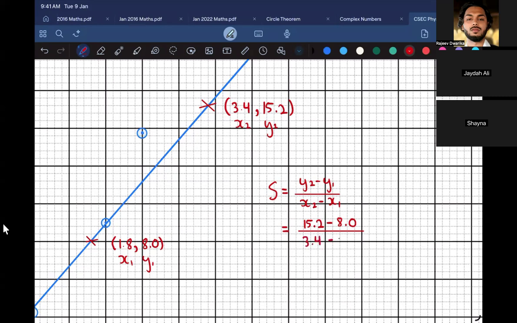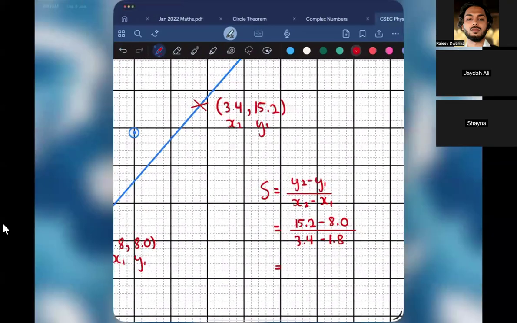What is x1? 1.8, sorry. So if you have a Casio, you can plug this straight in. If you have a Sharp, you could do that as well. But Jada, would you prefer to work it in parts or all at one time? Parts or one time?